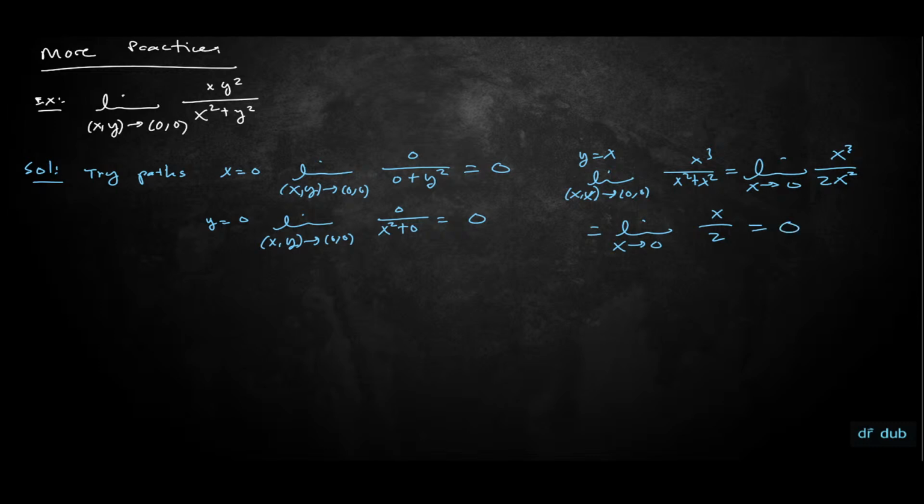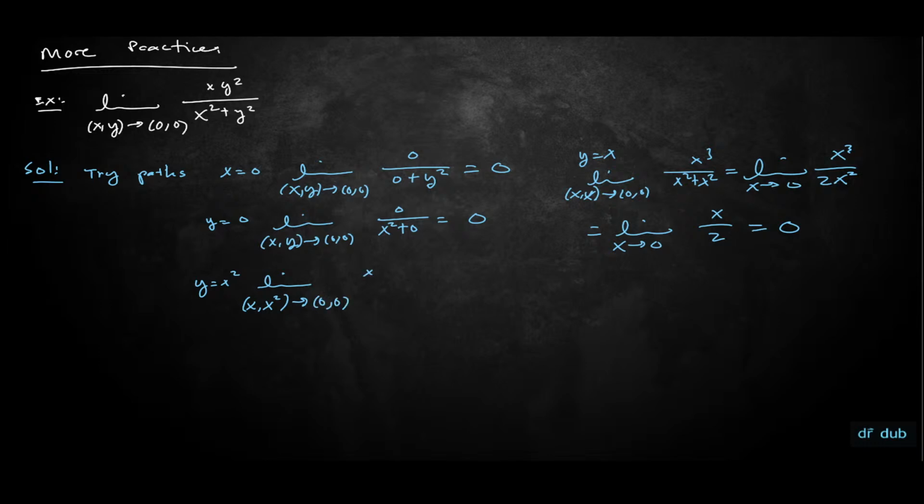Well, it's kind of getting suspicious now. Everything's giving me 0. Let me try one more. y equals x squared. That goes to the origin, so try (x, x squared) goes to (0, 0).